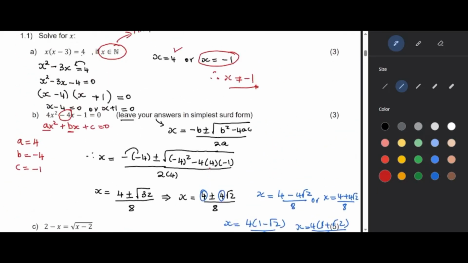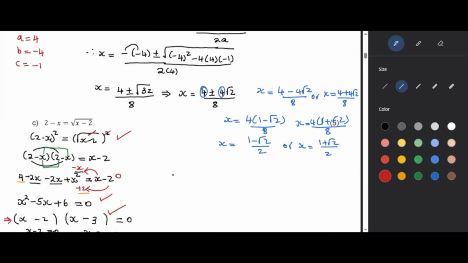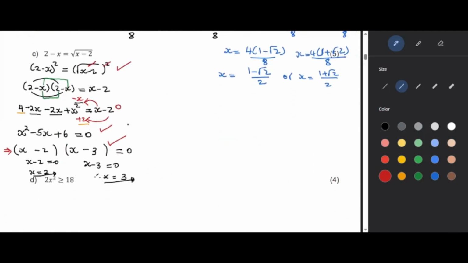We only use the quadratic formula when we see the statement: leave your answer in decimal form, leave your answer in simplest form. In this case, you can use the quadratic formula to factorize, but please don't put that on your answer sheet.